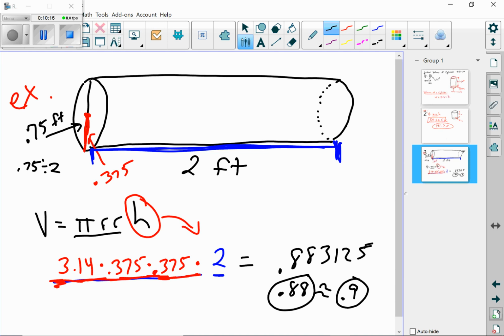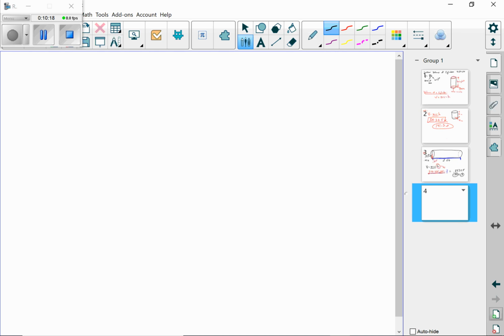Let's look at another one of these problems that's different. I don't know, this is going to be hard for you guys to copy. I hope that you can kind of see what I'm trying to draw here. I'm going to draw a shape, and I'll see if you can figure out what it is I'm trying to draw.